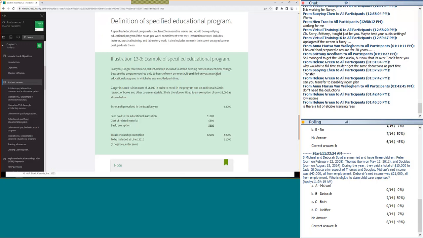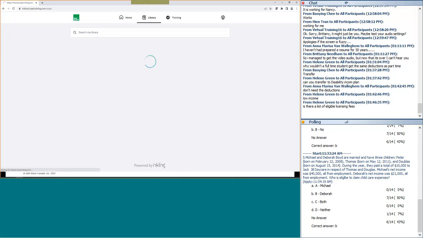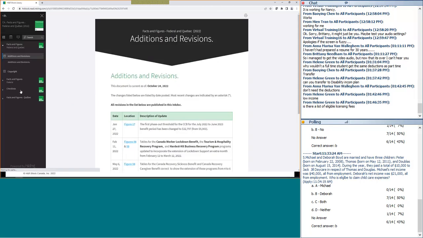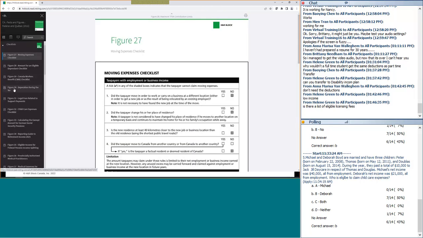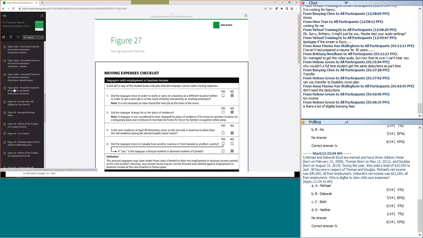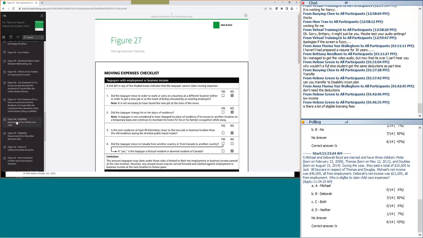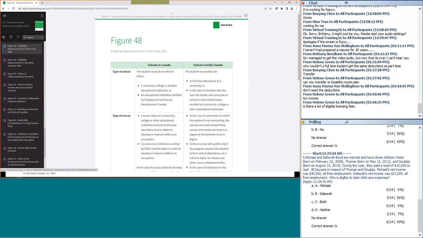I want to show you in your facts and figures book a really handy chart. If you haven't seen this chart before, this is my go-to reference guide when I have to deal with complicated tuition things. So if you go to your facts and figures and your checklist, I think it's number 48, what qualifies as tuition fees? You're going to have 2 types, schools in Canada, schools outside Canada.